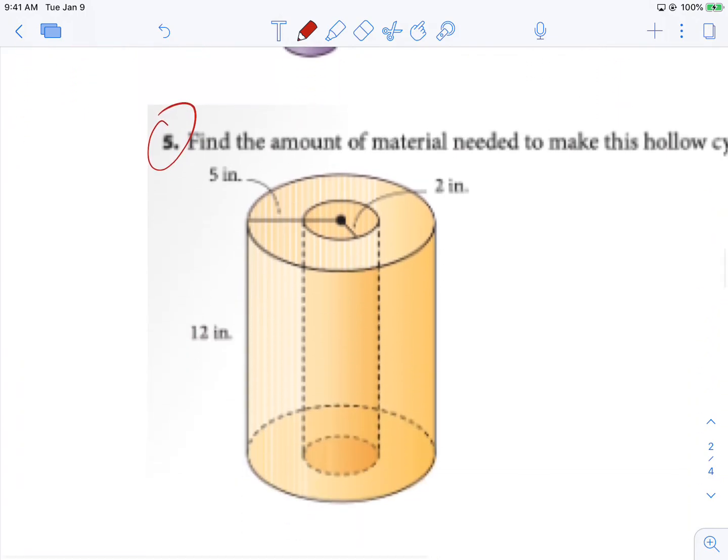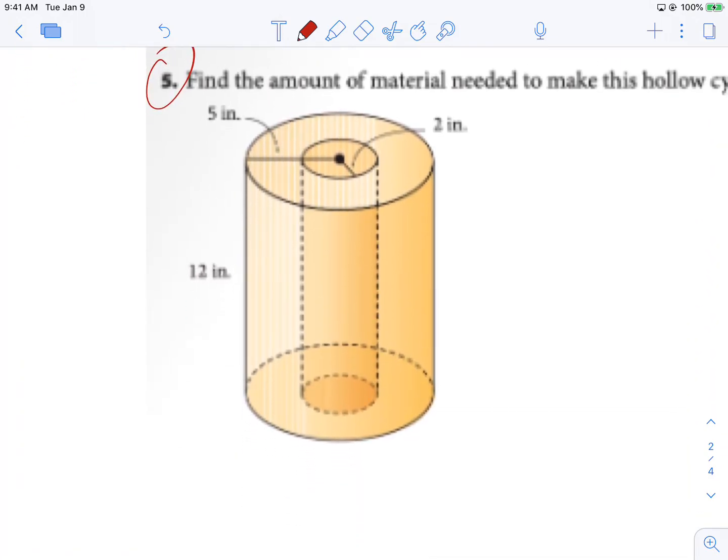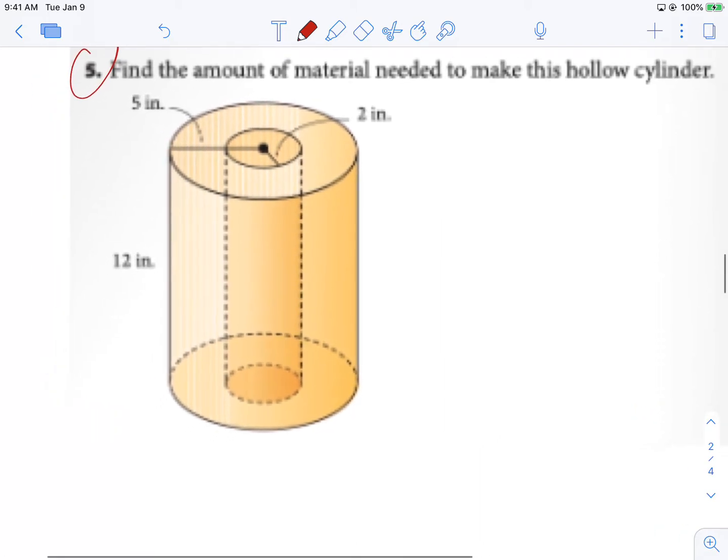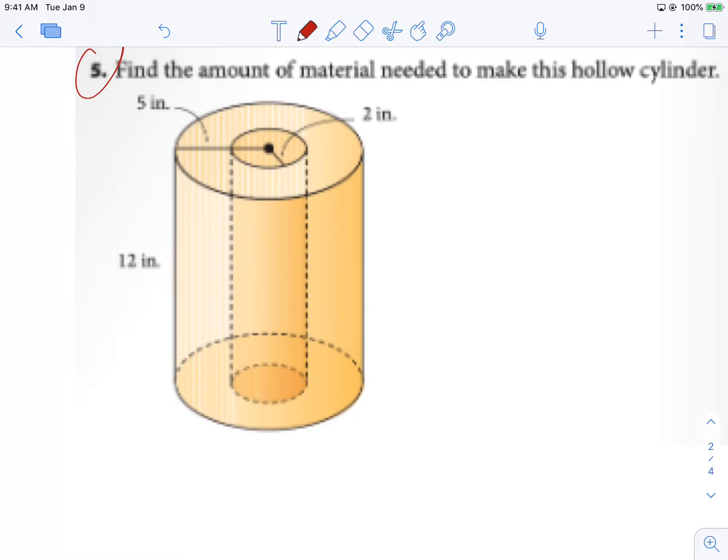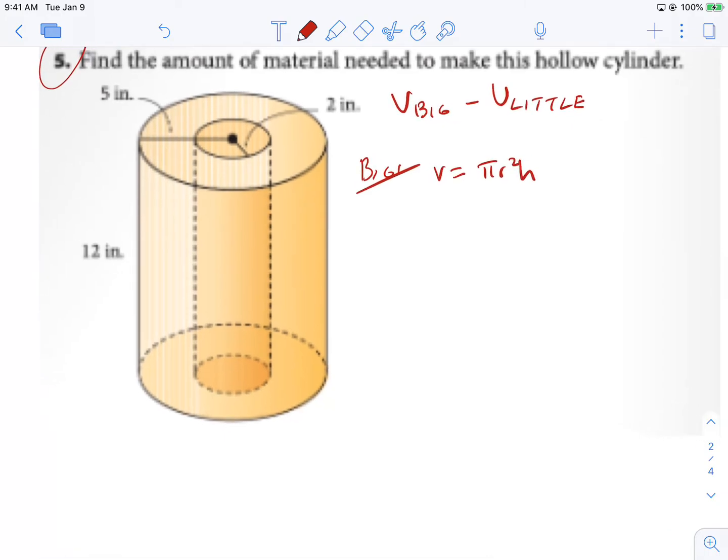And then for 5, very good question here. We want to figure out how much volume we need to make this hollow cylinder. So what we have to do is figure out the volume of the big one, and then figure out the volume of the little one, and then we just subtract them, and that'll give us the remainder. So the big one: our volume equals pi r squared times h.